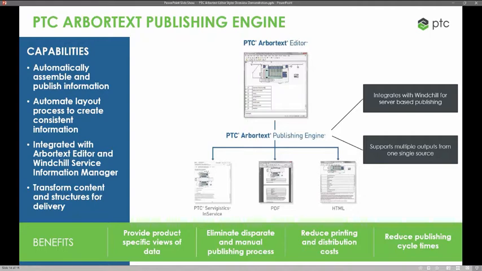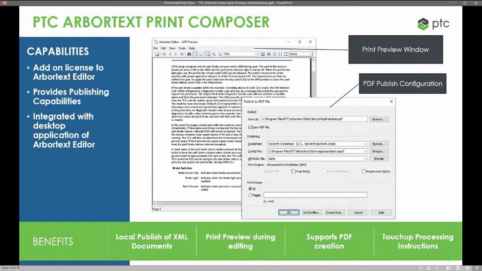The publishing engine also works with PTC's Windchill solution. That's PTC's content management solution, and the publishing engine will integrate there as well. Another option would be the Arbortext Print Composer, and this would allow you to create a PDF file from your local editor environment, but again, you would choose a style sheet to publish that PDF through.